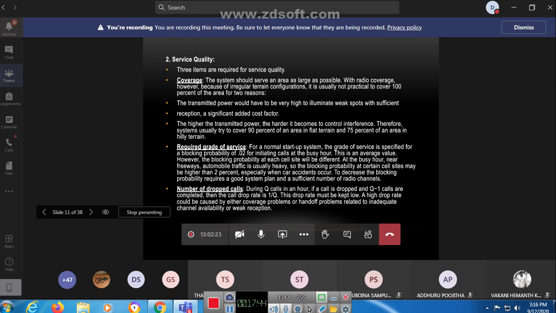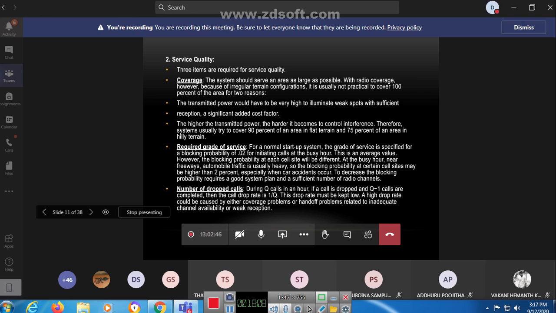These three you will mainly remember here. So the first one is voice quality, and the other is service quality. In voice quality you remember the user's voice only. Here, in service quality, you take the coverage area.